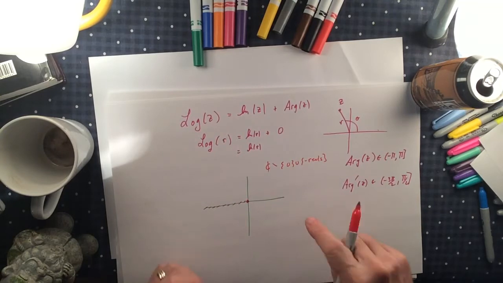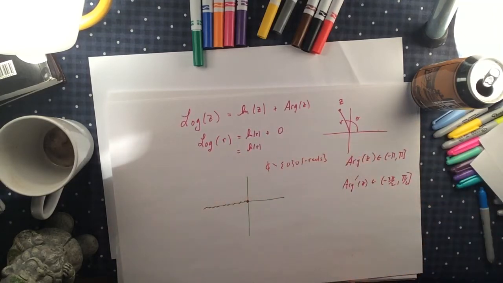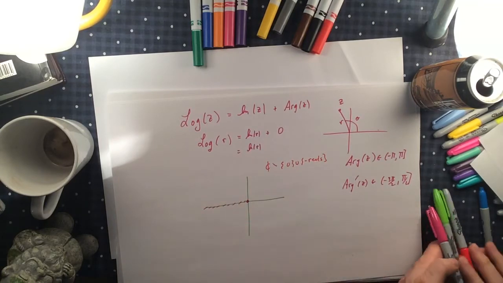All of these numbers we're going to put in there, and we're going to declare that to be the domain of our logarithm. Now, every time we put in a positive real number, the log is just the log of the absolute value of the real number. It works just fine, and we're not going to put in negatives for the time being.